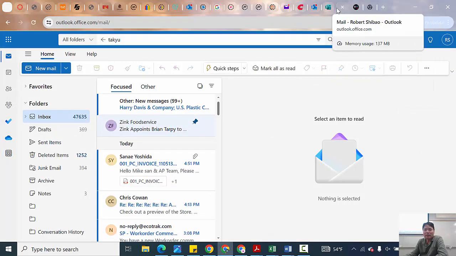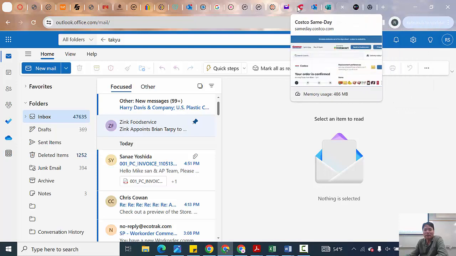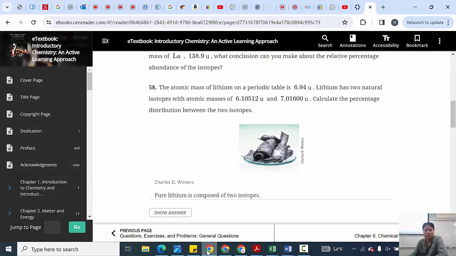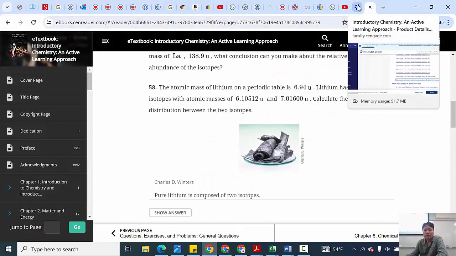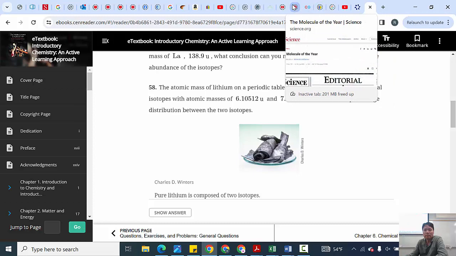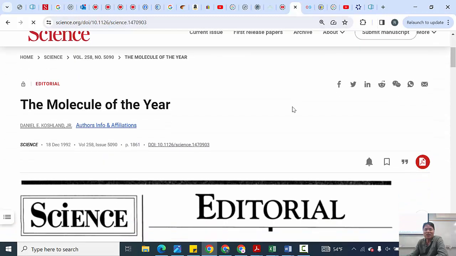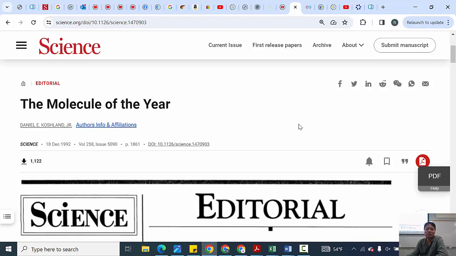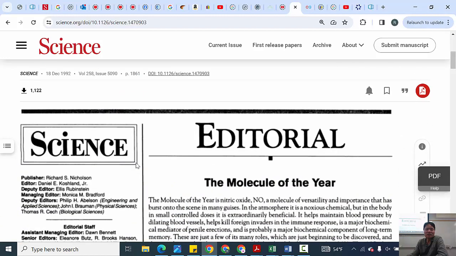You might have known that nitric oxide won Molecule of the Year. Did you know that? In Science magazine. Science is the premier U.S. journal.